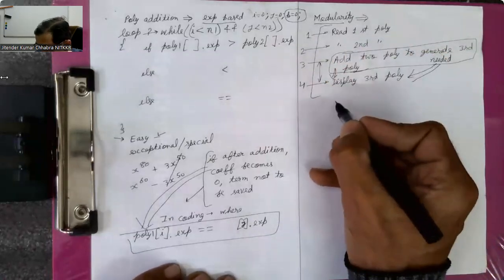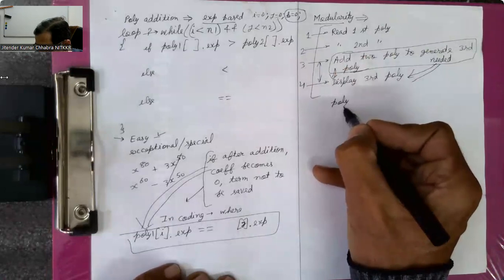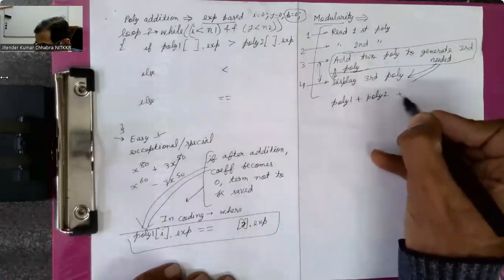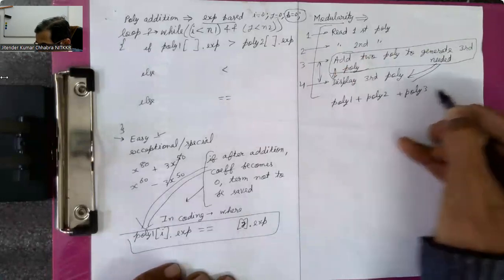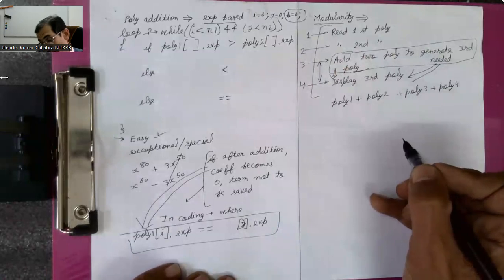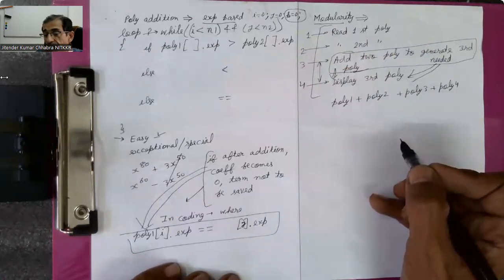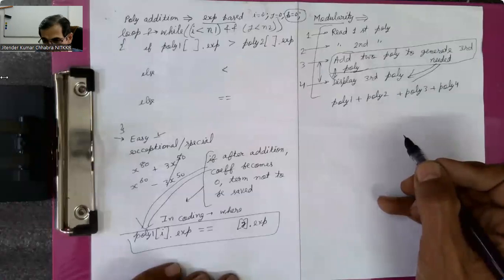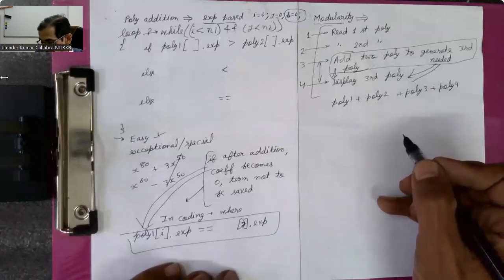Secondly, let's say I wanted to write a program which should add 4 polynomials. One way could be to write another program where I add 4 polynomials, comparing and all that. Instead of 4, if I wanted 6 or 10 polynomials to be added, that becomes a problem.